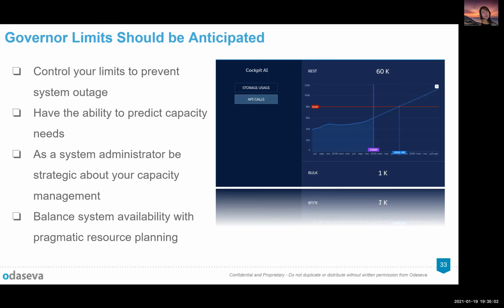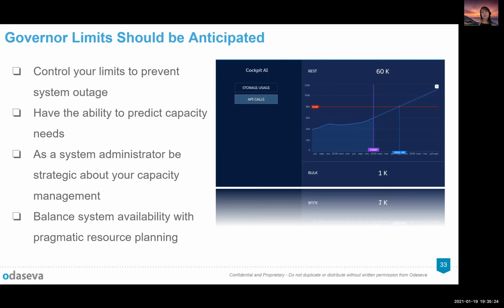You can already anticipate by either reducing your usage, being smarter about it, changing your strategy, or increasing your governor limits with Salesforce. But you need to have visibility on that. You can't make those decisions if you don't have the metrics.